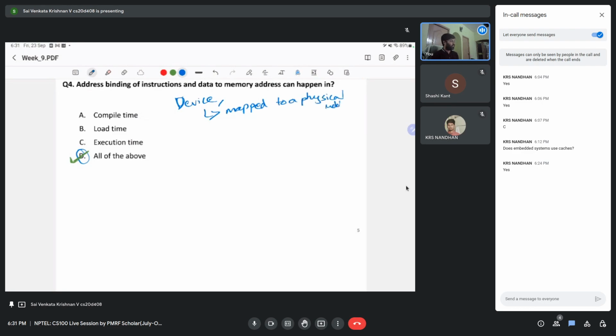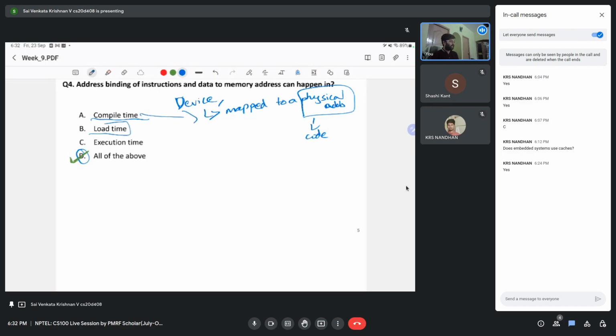In that case, you would be directly mapping that using this physical address directly in your code as part of your variables. So at compile time itself, the binding of those variables to this physical address would be happening. So this is one example for compile time binding.